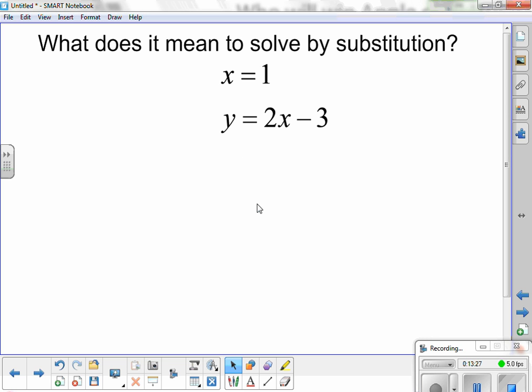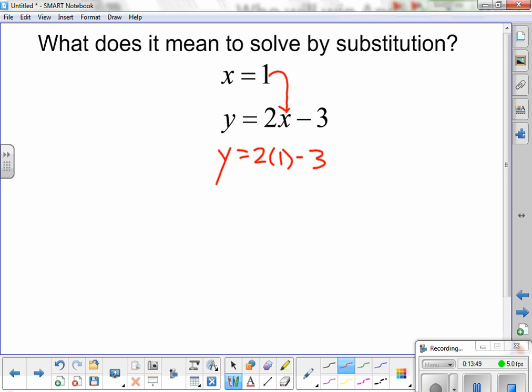That's actually combining because, if you think about this top part, this is an equation, and this is a different equation. They're totally different equations. But since you know what one of them is equal to, you can start combining them together. So when we used to substitute, that's basically what we're still doing. So what I'm saying is y equals 2 times 1 minus 3.